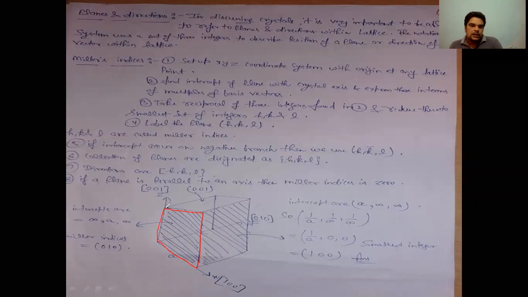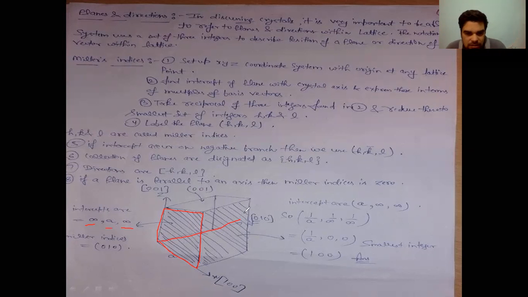You can see that the x-axis and z-axis are parallel to this plane, so the intercepts on the x-axis and z-axis are infinity. In case of the y-axis, the intercept is a.